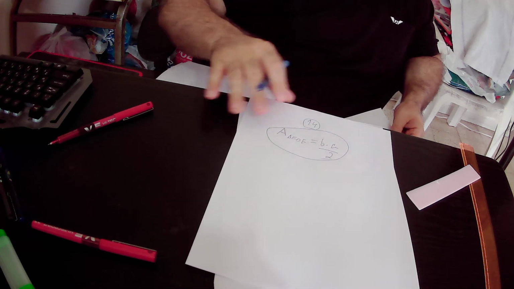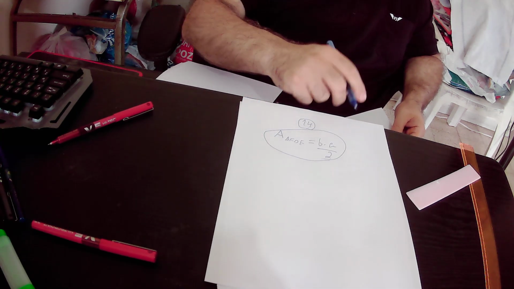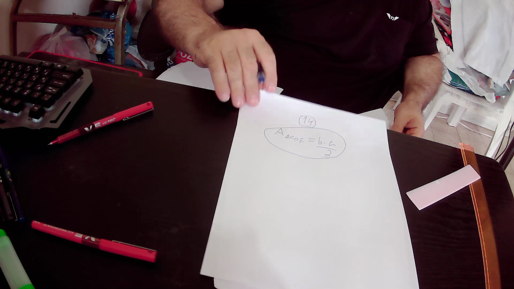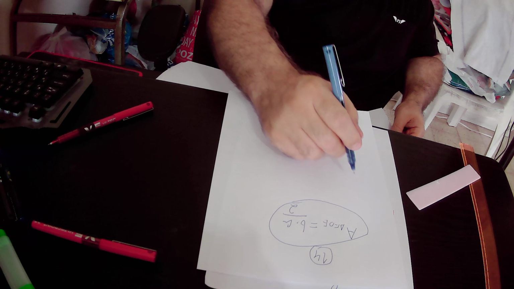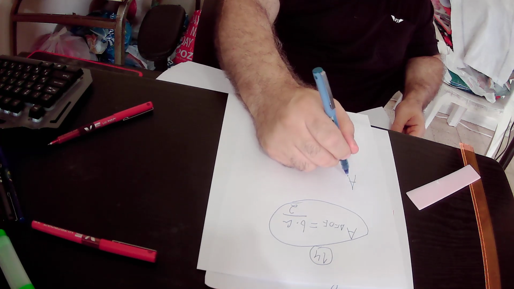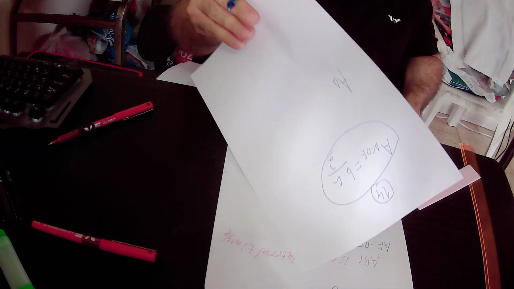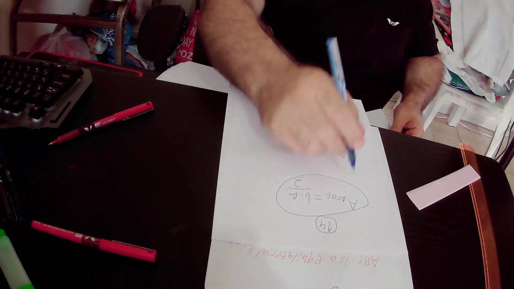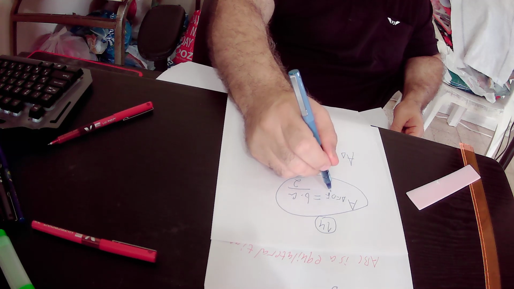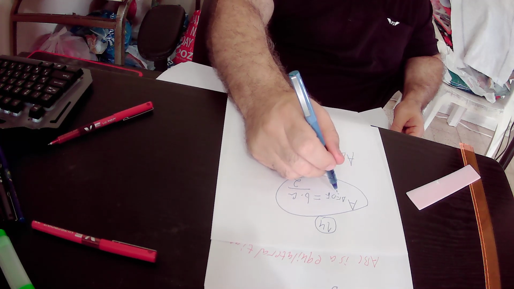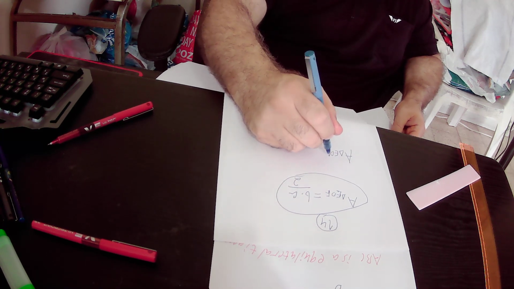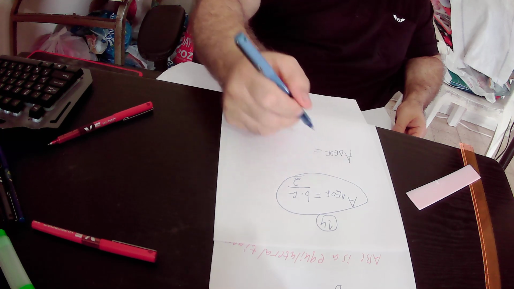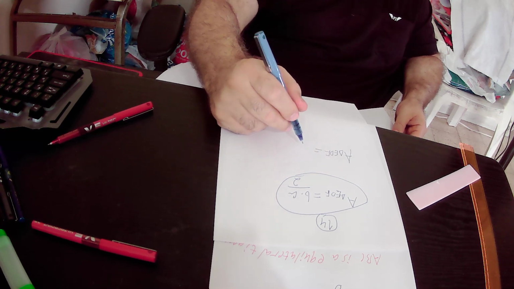So the area of the green triangle EDF equals a times b over 2.